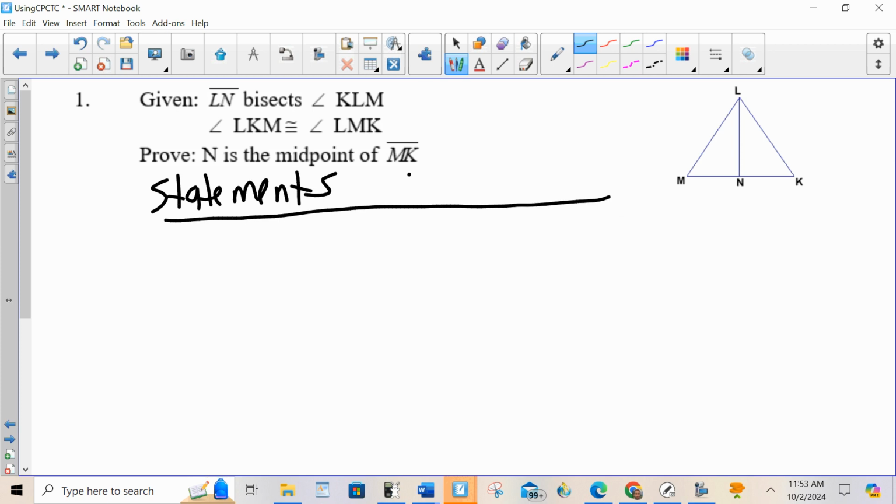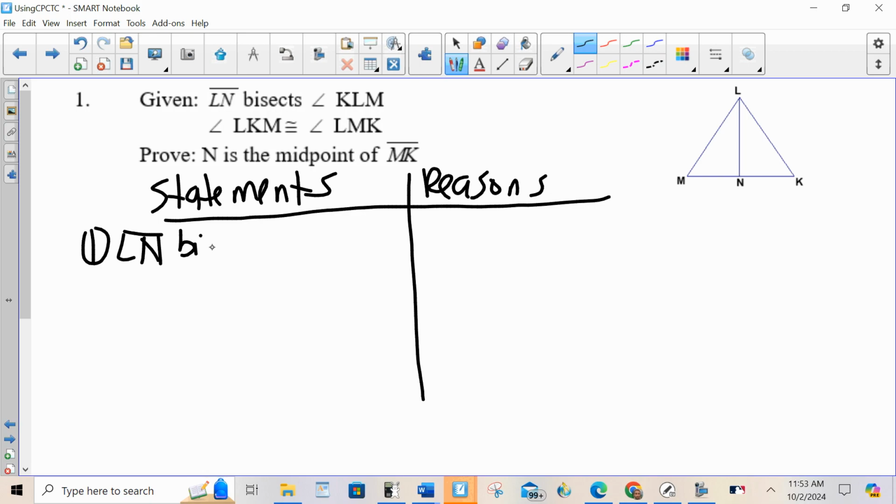I'm going to go kind of quickly through the actual proving triangles piece because that's nothing new at this point. LN bisects angle KLM, given. This is an angle bisector.